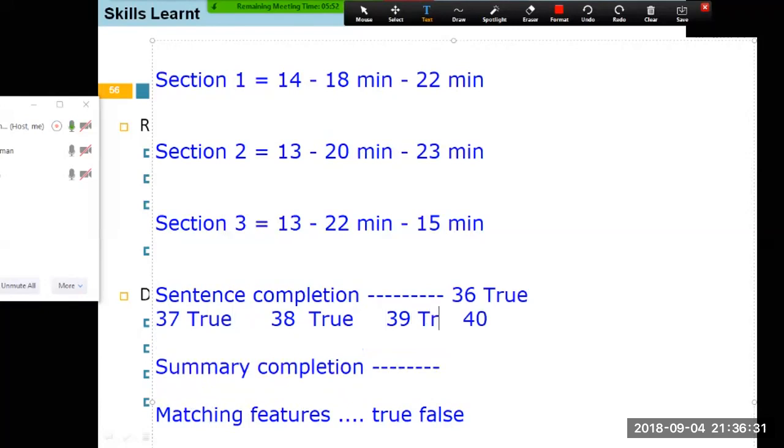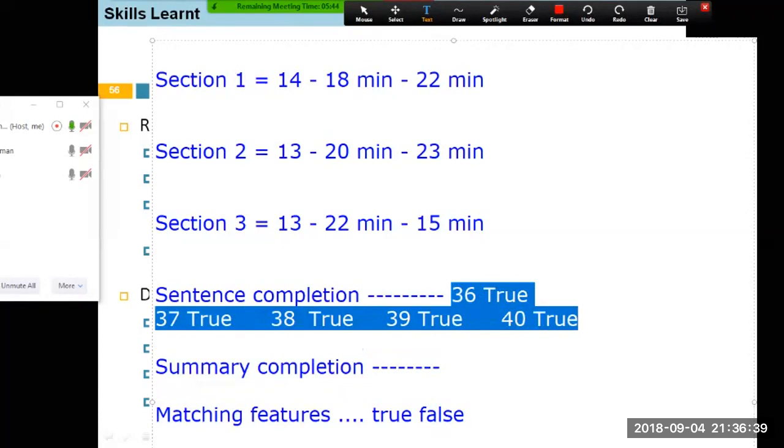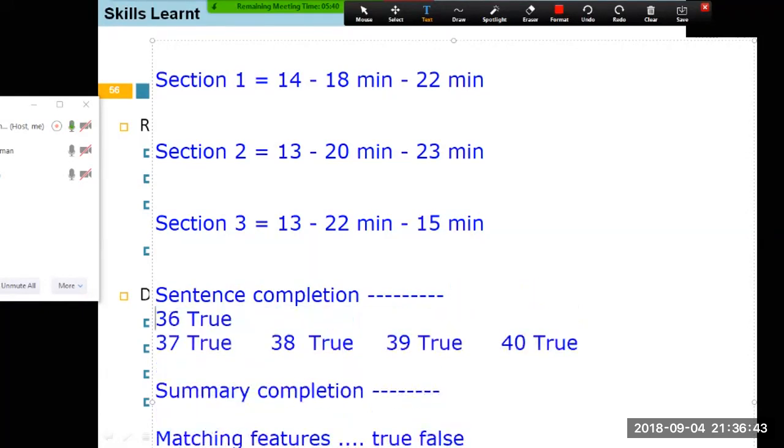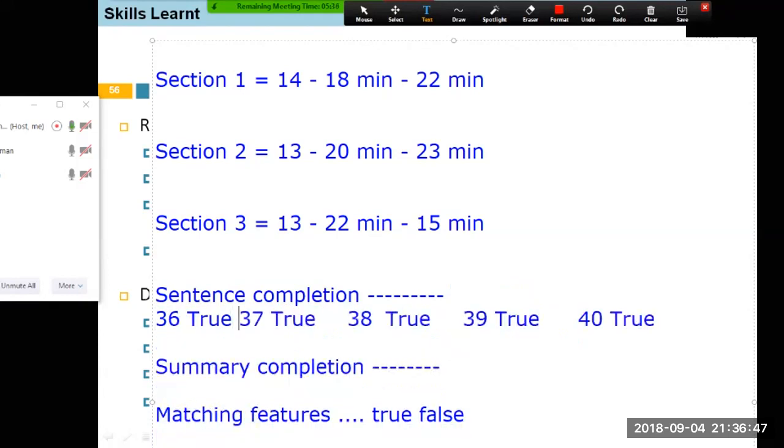So you write true here. This will make at least 2 or 3 questions correct. So instead of losing 5 marks, you will actually lose only 3 or 4 marks, 3 marks at the most.